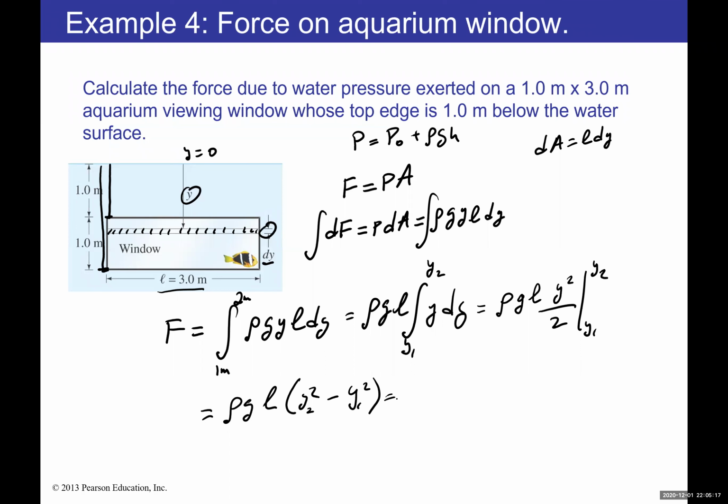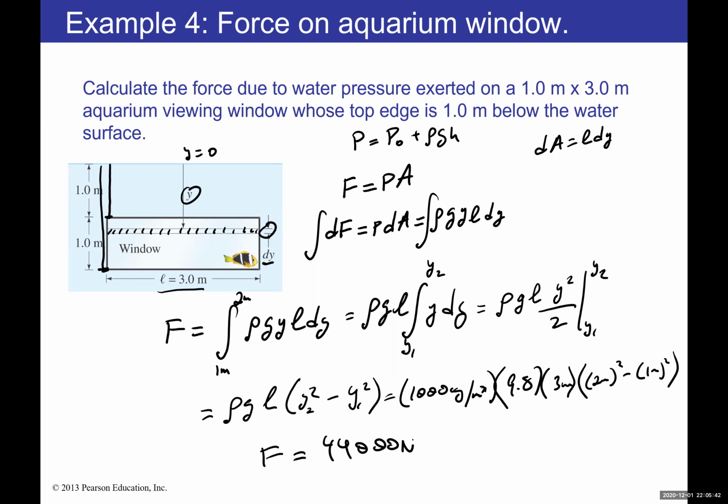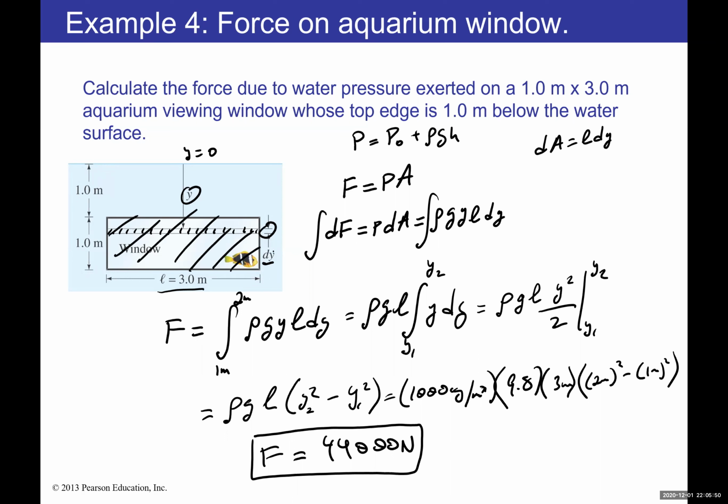Then I can plug in 1 meter for y1, 2 meters for y2, 1,000 kilograms per cubic meter for the density, 9.8 for g, and 3 meters for L, and calculate the force to be 44,000 newtons. That is the force the water molecules exert on the entire window.